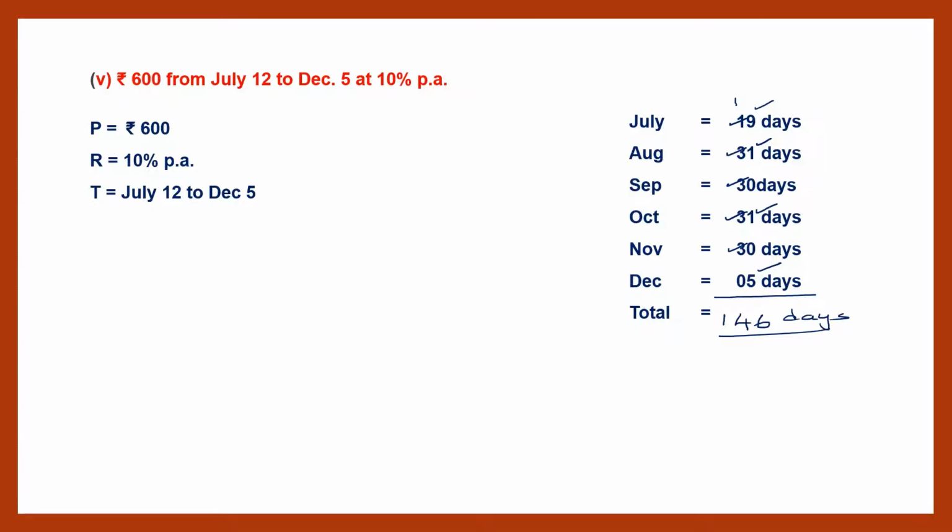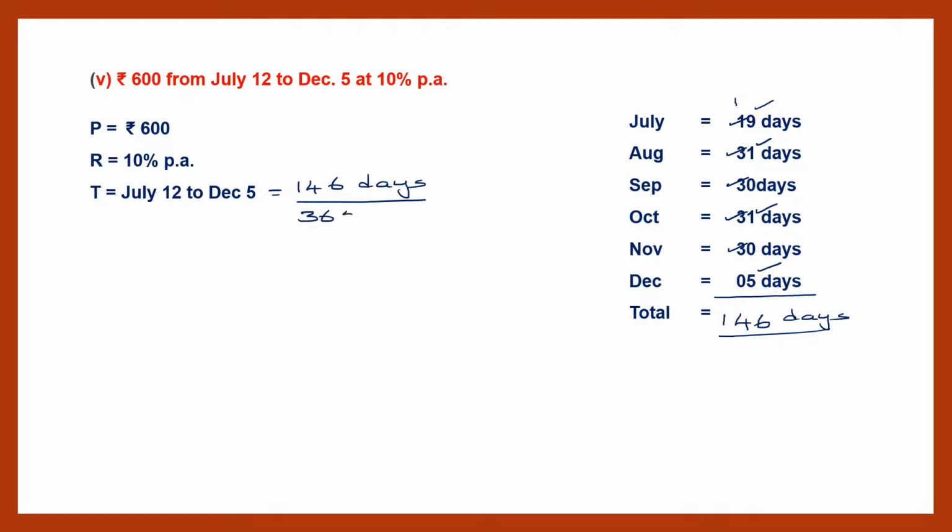So now we have converted time, we have calculated the number of days. So 146 days. But remember, time is always according to the rate of interest. And the rate of interest here is 10% per annum. That means per year. So we have to convert days to year. Whenever you convert days to year, divide days here by the number of days in a year.